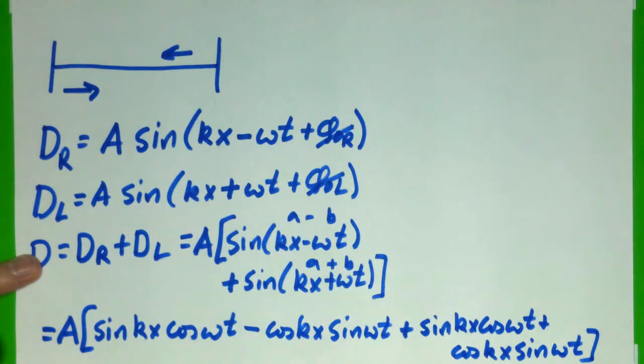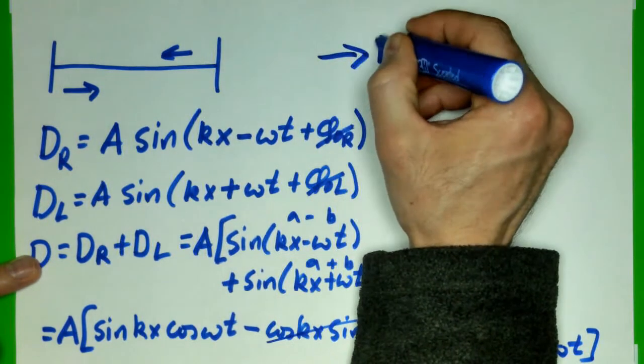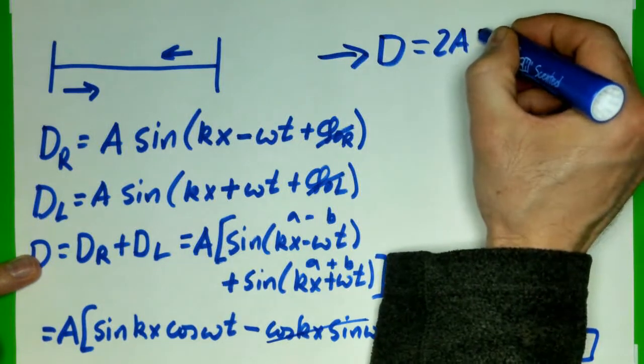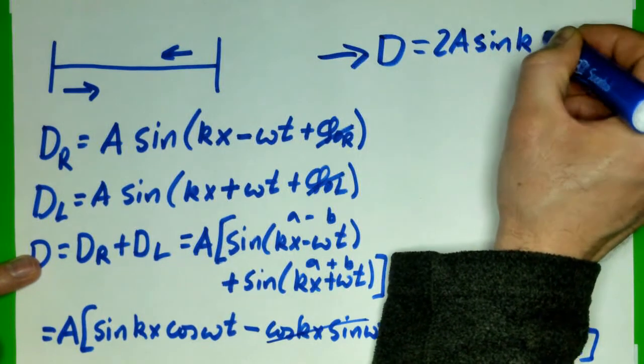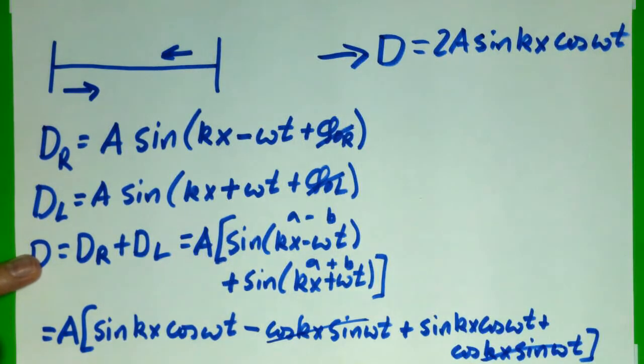Looking at that, we have a little algebra to do. We have a minus cosine kx sine of omega t and a plus cosine of kx sine of omega t, so these two terms cancel. The two terms that are left are identical, so I just have a factor of 2 times one of them, and ultimately I end up with d equal to 2A sine of kx times cosine of omega t.